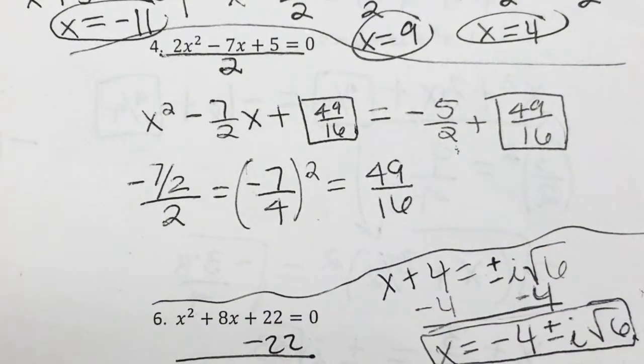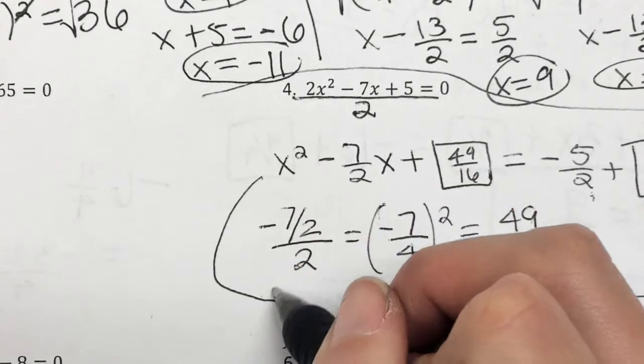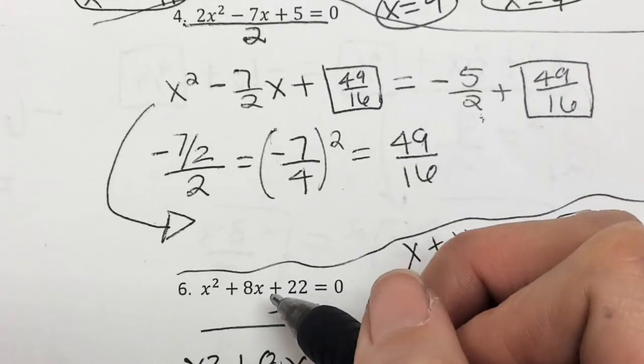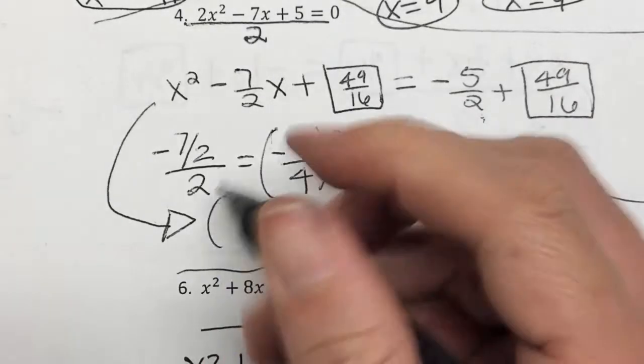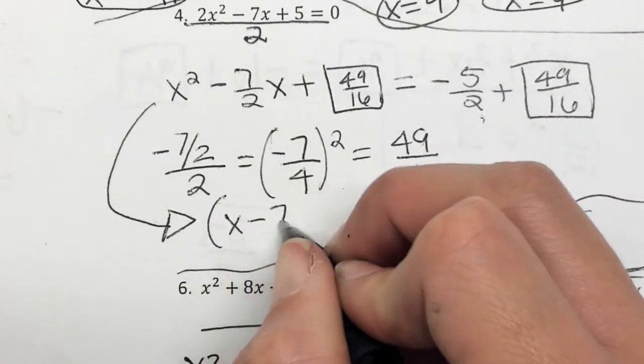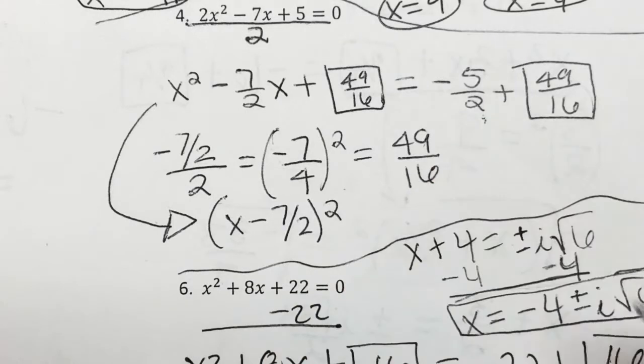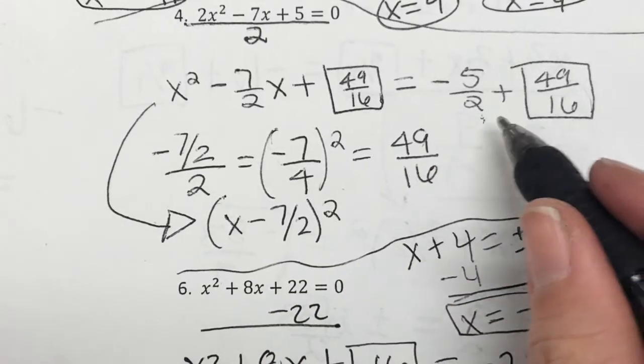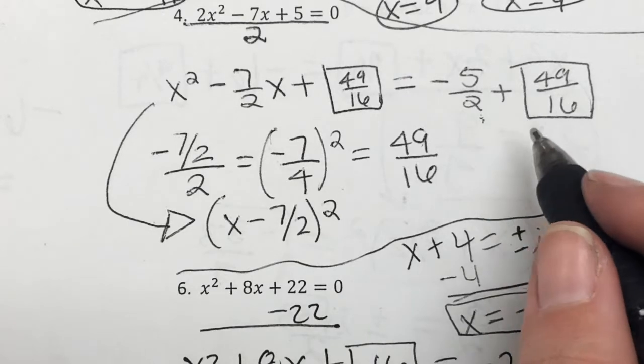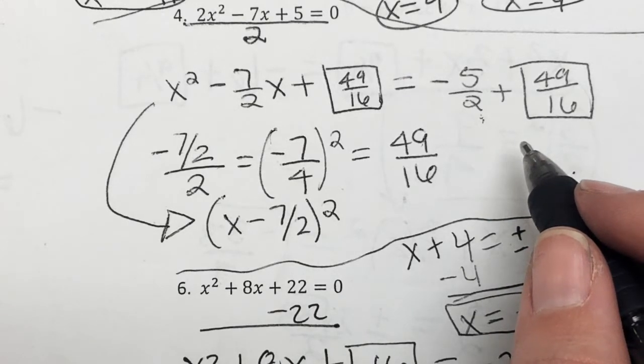Alright, I'm going to come over on my paper over here. This says a binomial squared will be what? X minus 7 over 2 squared. We have to add these. This time we can't do the improper fraction thing. We have to find a what?